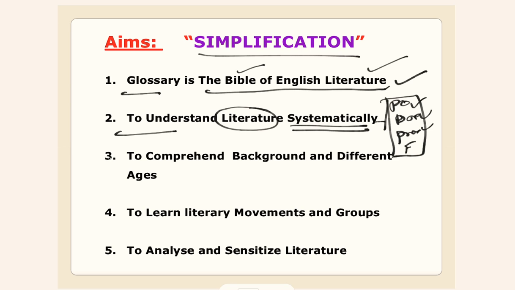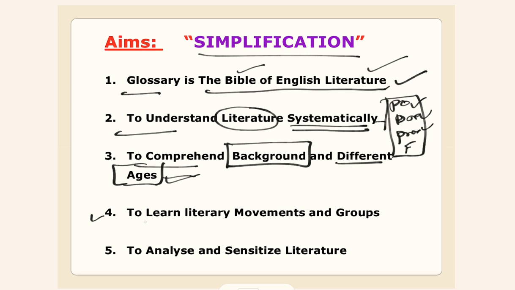Going to point number three, the third aim, to comprehend the background of different ages. Regarding this, in the coming time, I'm going to bring a lecture series on periods of English literature. This topic is briefly given in this book. I would like to make it larger so that it becomes very easy to understand.